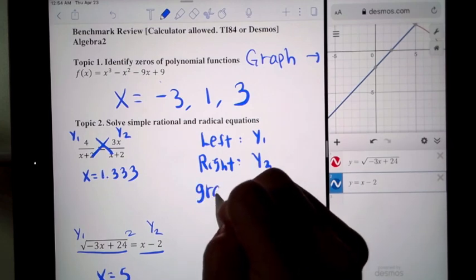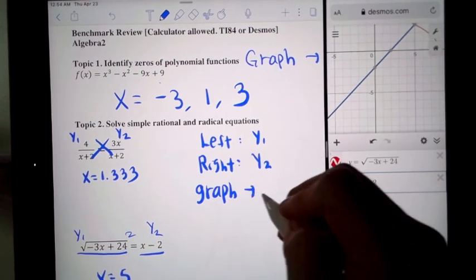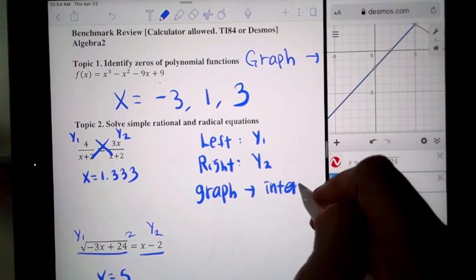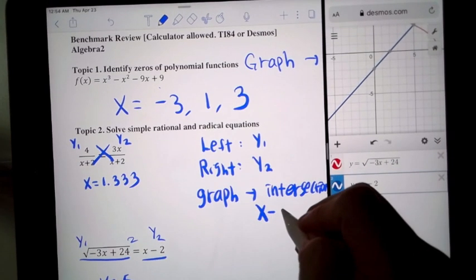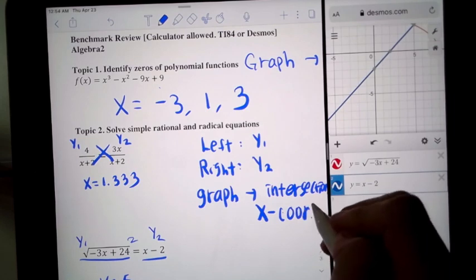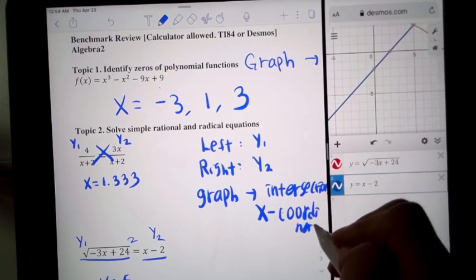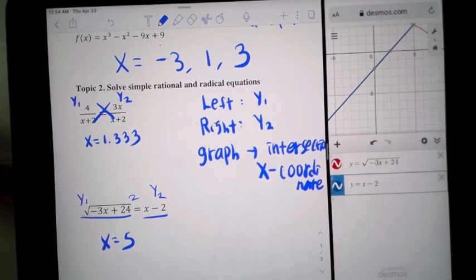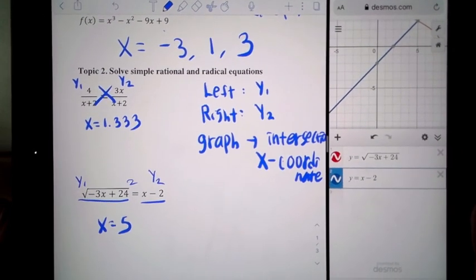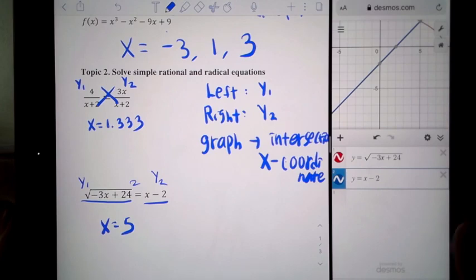Get graphs and get intersections' x coordinate. We are getting only the x coordinate. You're not answering the y coordinate when you solve the equation, okay?